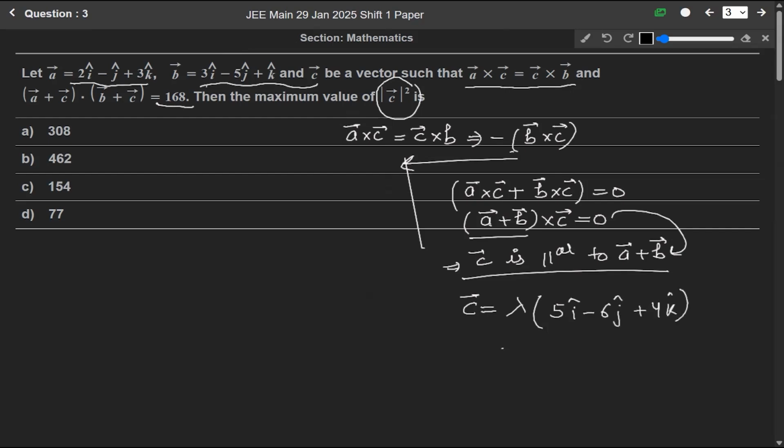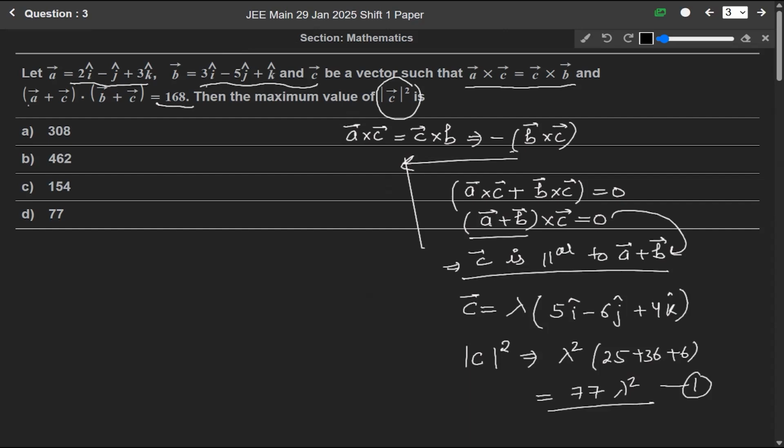So modulus of C square will be lambda square times (25 plus 36 plus 16), so it will be 77 lambda square. Let us say this is equation number 1.